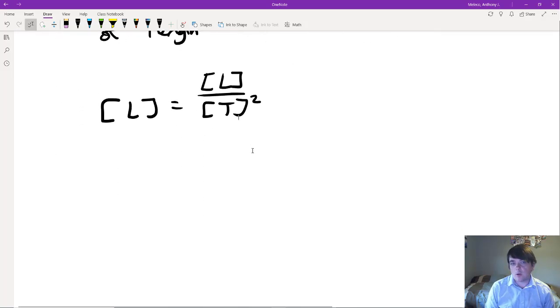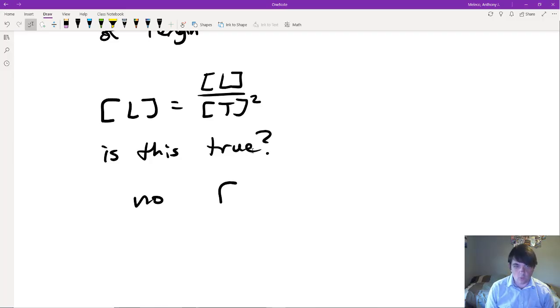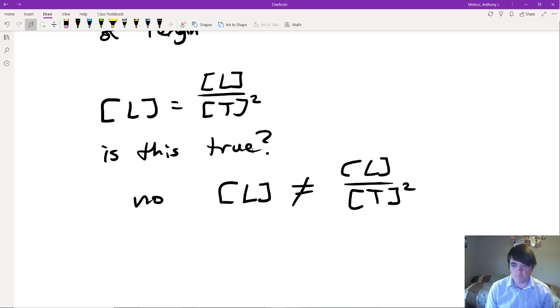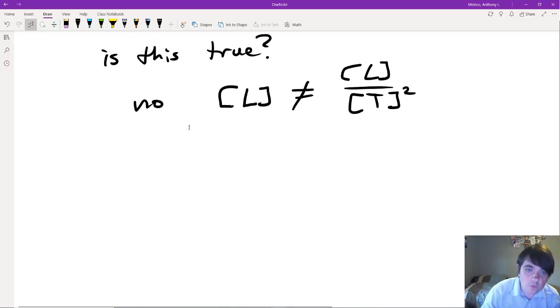Now, what you do now is you say, is this true? No. Length does not equal length over time squared. Okay? So this equation doesn't work.